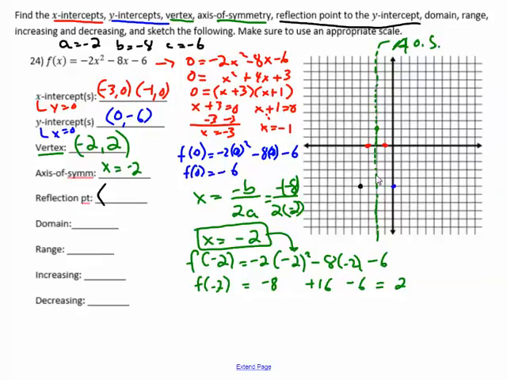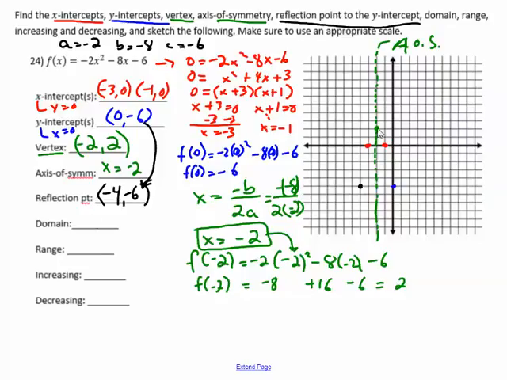Officially it would be negative 1, 2, 3, 4, negative 4, negative 6, negative 4, comma, negative 6. And that negative 6 comes from where my y-intercept was. It's 0, negative 6. It's also at the same distance from my axis of symmetry to the right and to the left. So this point here is the same y value, just on the other side of that axis of symmetry. Negative 4, negative 6 is my reflection point.